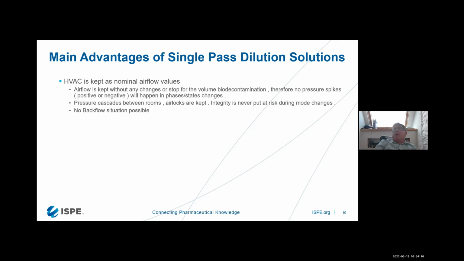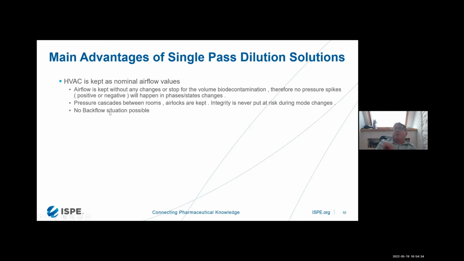And the worst thing is when the HVAC is restarting, most of the time it makes a positive spike of pressure inside the room, which from my point of view is pushing out any contamination in the room, which is really not so good. So here we keep the integrity of the pressure cascade.